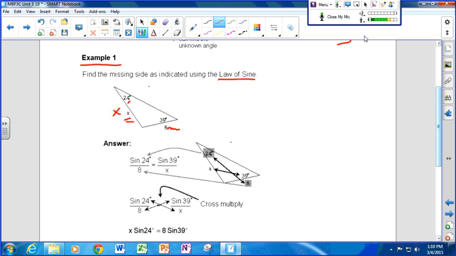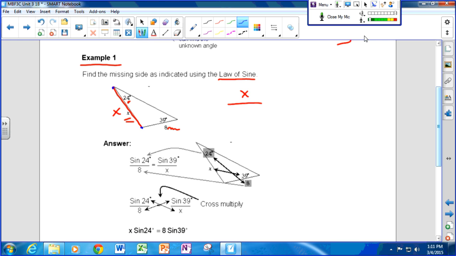So now we have two angles here, and they've called the side x. What we're going to say then is x divided by the sine of the angle opposite x. So here's x, and we want to find the angle that doesn't touch that side. Well, you see the 24 touches side x up here.